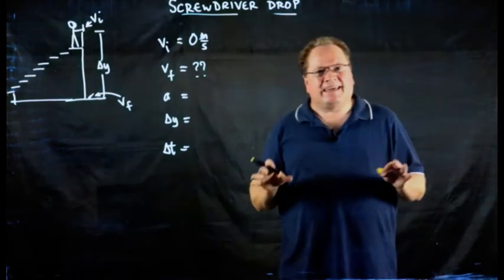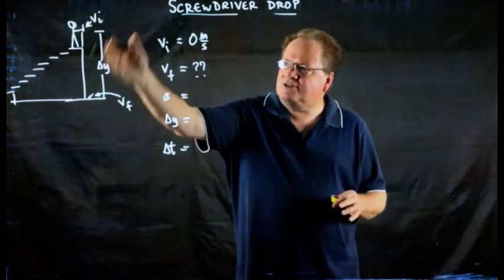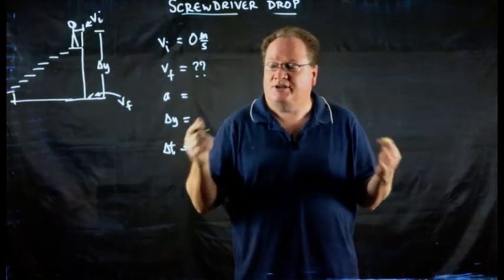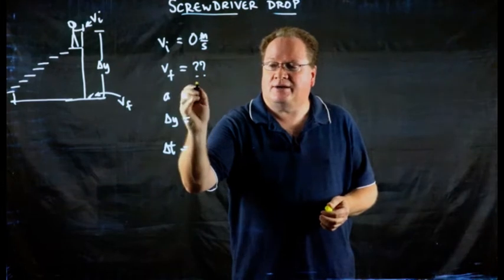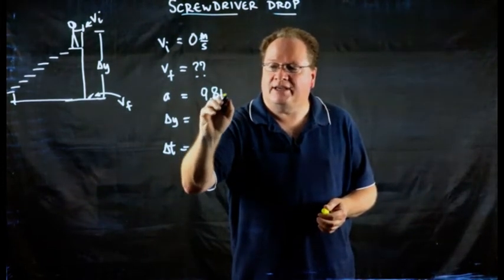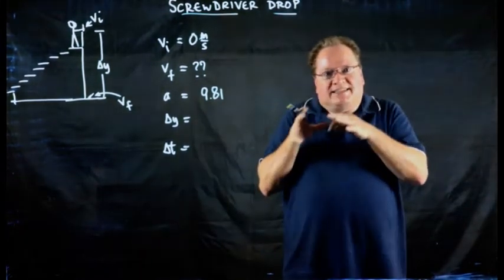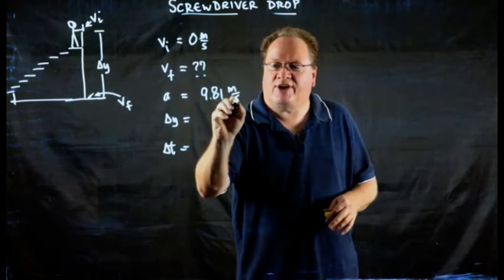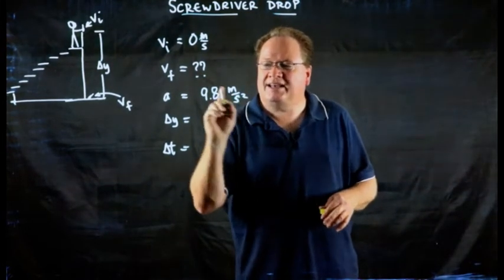Do I know what A is, the acceleration that the screwdriver experienced? That's just gravitational acceleration, which I'm going to go ahead and use 9.81, since that's closer to the exact number as opposed to 10. That's meters per second squared, and it's downward.